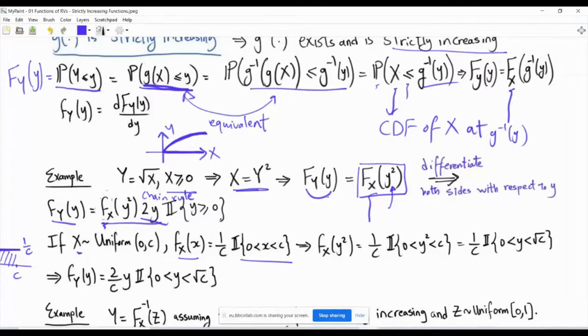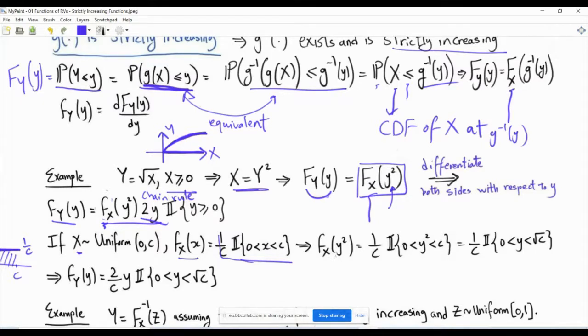Now what will be the PDF of y? If y is the square root of x, you go to the PDF of x, replace each small x by y squared, and then multiply by 2y, and then you have the indicator function.